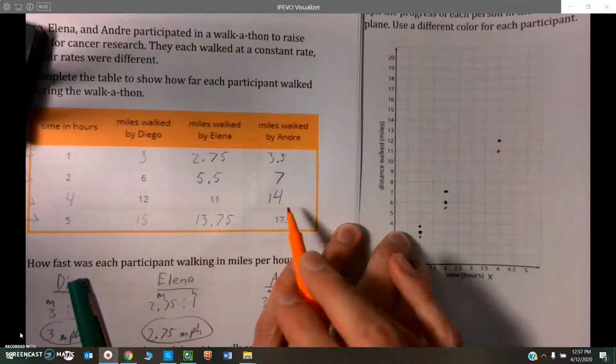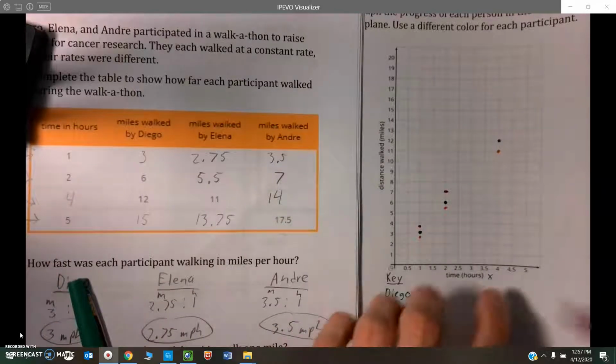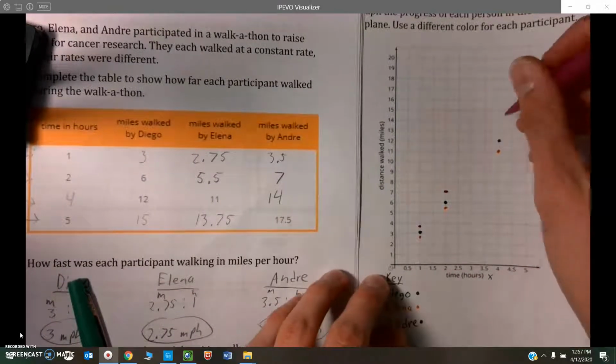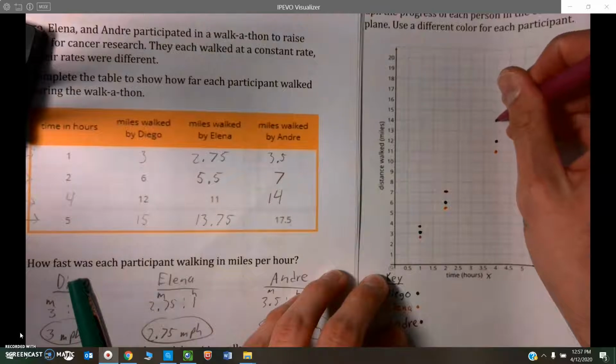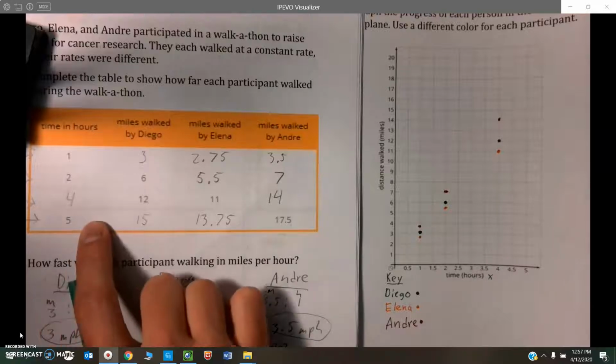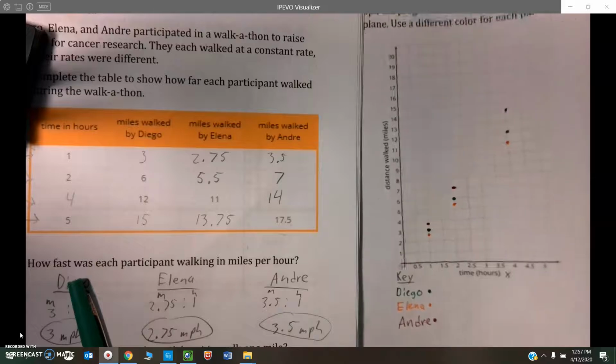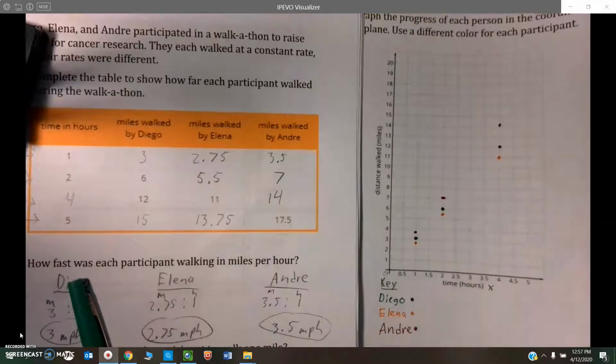And Andre did 14 miles in 4 hours. So 4 hours, up, and 14. Okay, awesome. So, that's all the graphing I'll do there. You kind of get the idea. So I'm not going to go ahead and do the 5 hours. If you want to do that yourself on the digital applet, feel free.